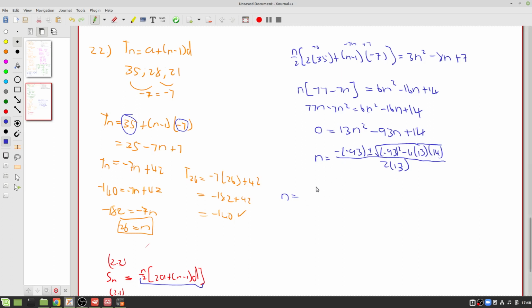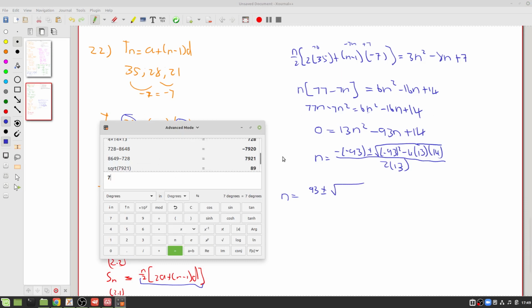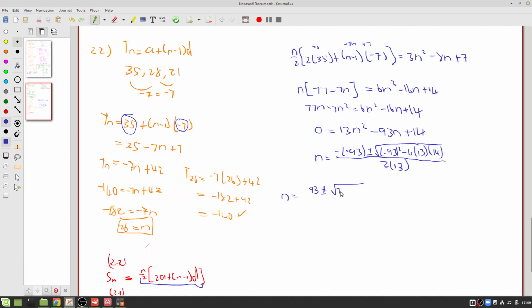Okay, so negative 93 is positive 93 plus minus, and here if we square this we get 8649. The square root of 8649 minus 728. So 8649 minus 728 is 7921, and over 26.